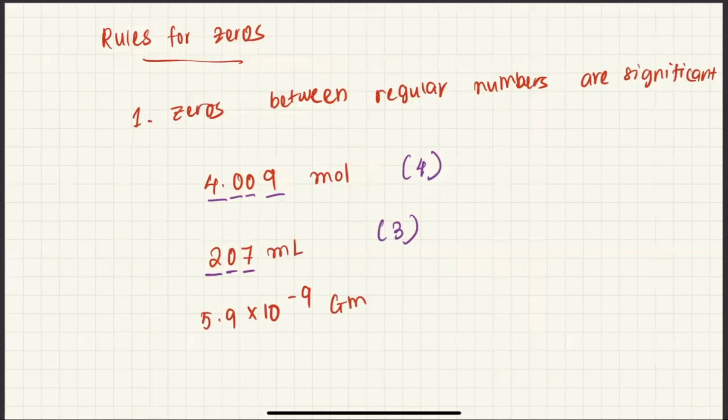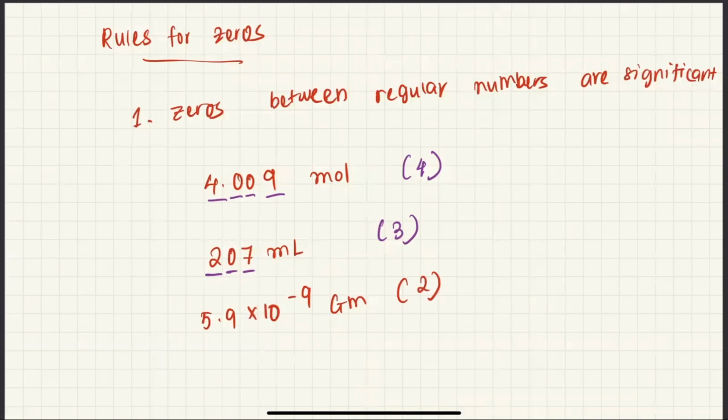When you see 10 to the power of something, always remember you are not going to count this as significant, so you want to ignore this. The number before that is 5.9, which are all non-zero numbers. So this is 1, 2. Here you have 2 significant figures.